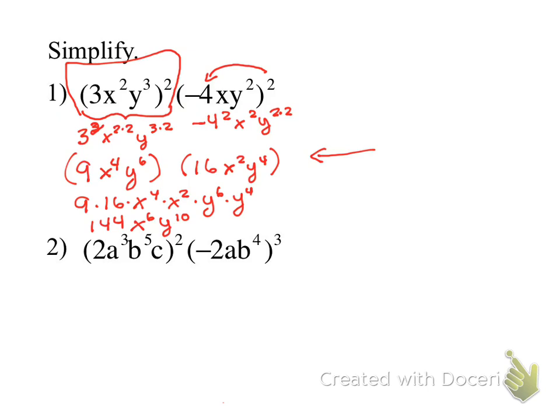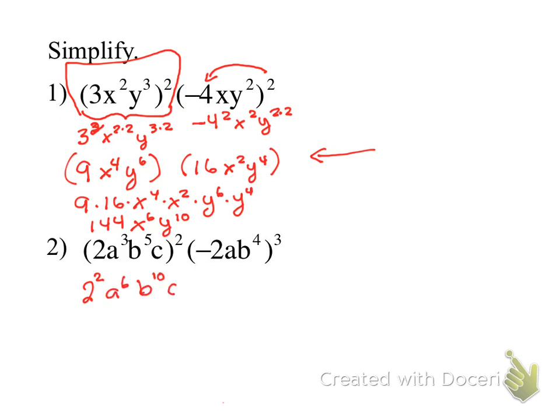All right, let's check number 2. So what do we get for the first one? Who wants to do this one? Okay, Max. Well, I got, for the first one, 4, 8 to the 6th. Wait. 8 to the 6th? No, I got, so I did 2 squared. 2 squared, thank you. 8 A to the 6th, B to the 10th.